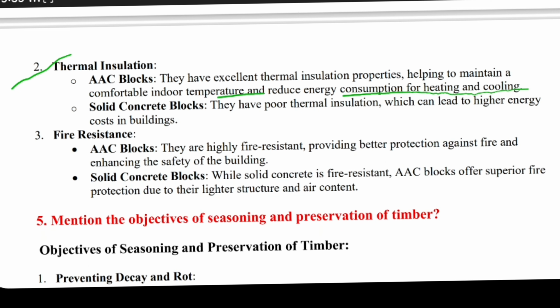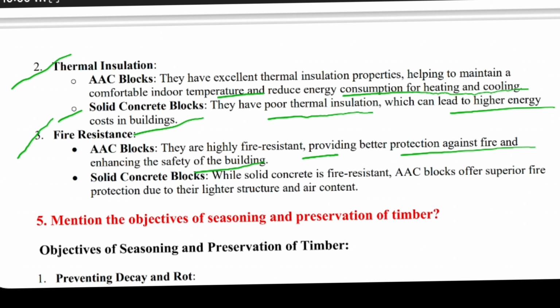Solid concrete blocks have less thermal insulating property, which leads to higher energy cost for the building, with more temperature transfer. Coming to fire resistance, aerated blocks have high fire resistance and better protection against fires and safety to the building.